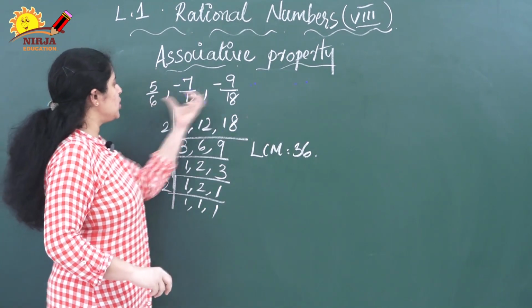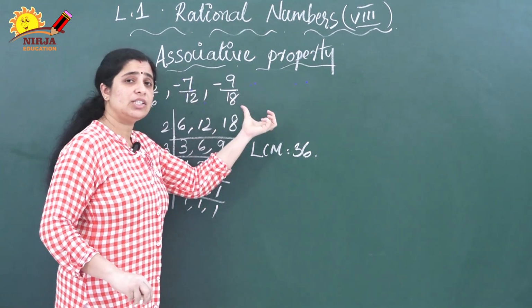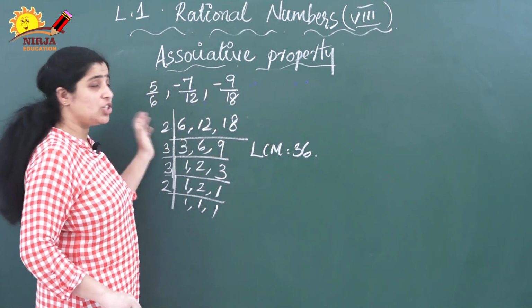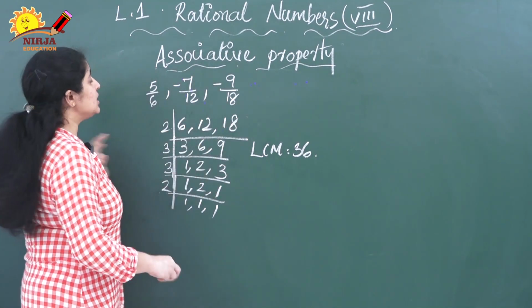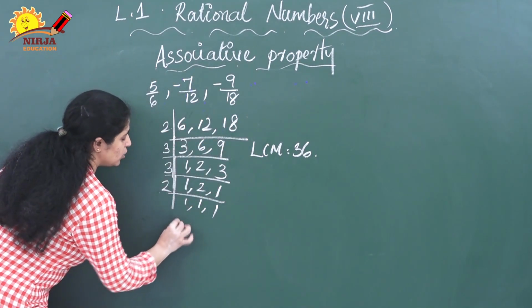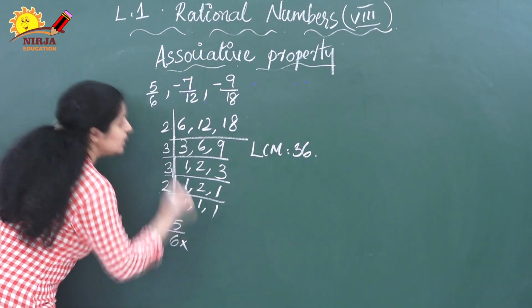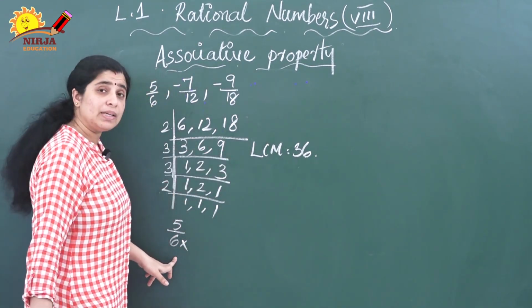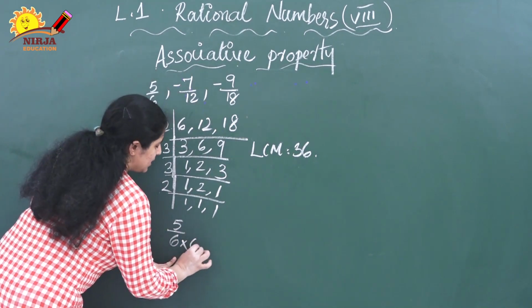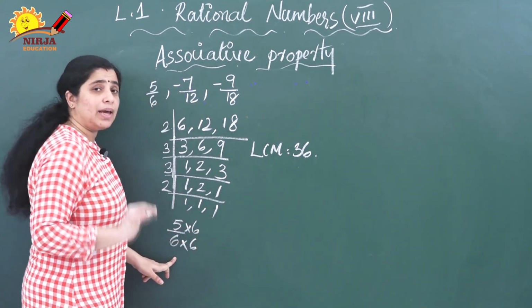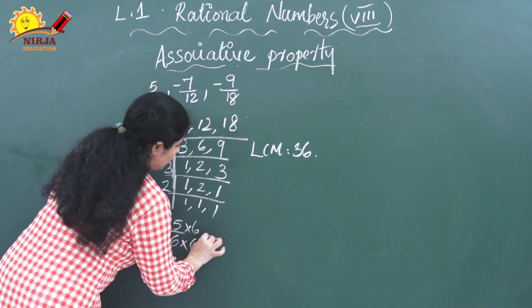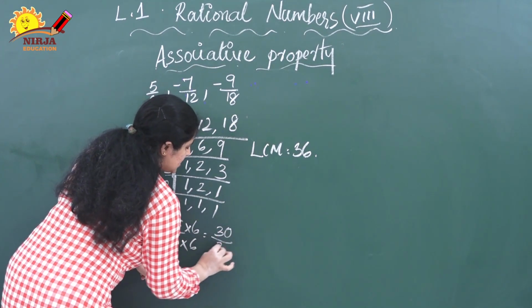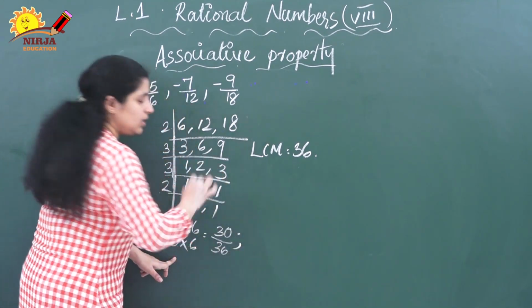Now we have to change the denominators of these three numbers. First I am going to change 5/6. To get 36, by which number do you have to multiply 6? By 6. By the same number you have to multiply the numerator also. 5 6s are 30 and 6 6s are 36.